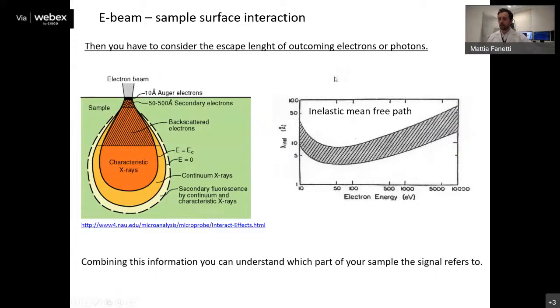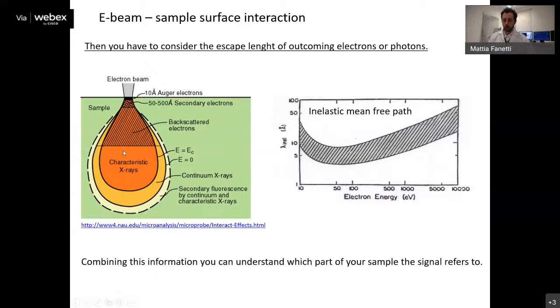So if you want to understand where your signal is coming from, you have to consider, first of all, how big is the interaction volume. The second thing that you have to consider is how much the electrons of your signal can travel inside your sample. This is also very important. Because, for example, you see in this picture that if you have an interaction volume of a few micrometers, let's say 1 micrometer to be easy, okay?